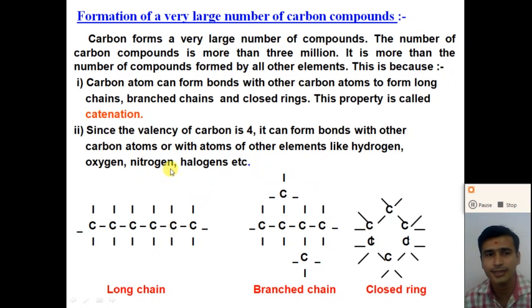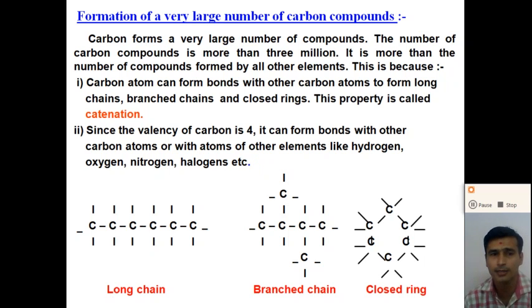Now the second reason is that the valency of carbon is 4. In the outermost orbit of the carbon atom there are 4 electrons, so we can say that the valency of the carbon atom is 4. It can form bonds with other carbon atoms or with atoms of other elements like hydrogen, oxygen, nitrogen, halogen, right?